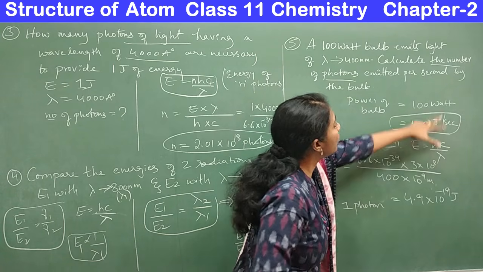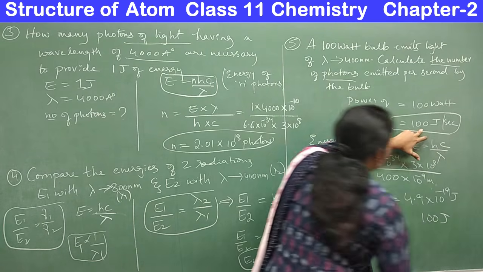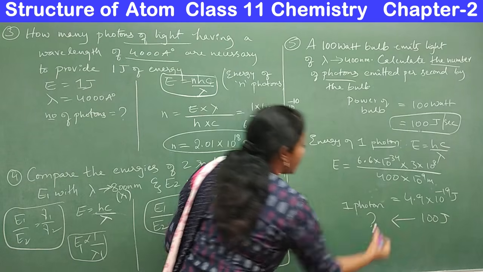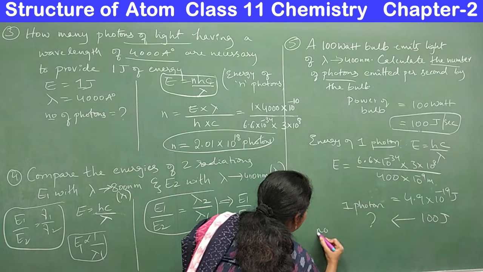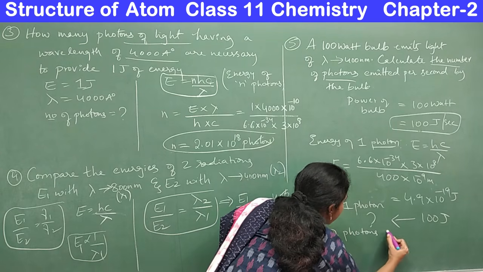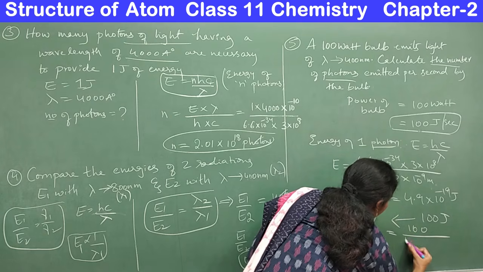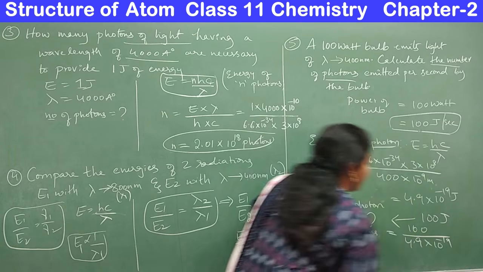And now you have a total of this much energy, right? So you have 100 joules of energy. So this 100 joules has how many photons? How do you calculate? Number of photons is equal to 100 divided by 4.9 into 10 power minus 19.